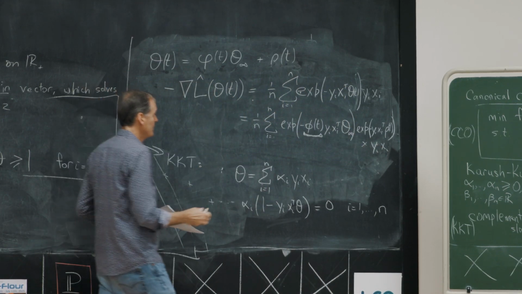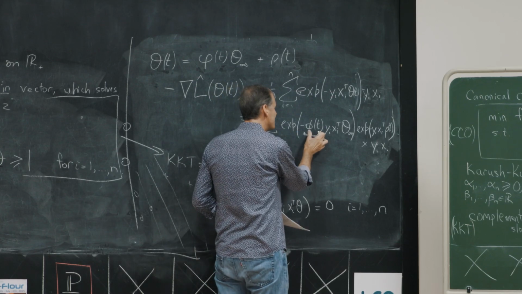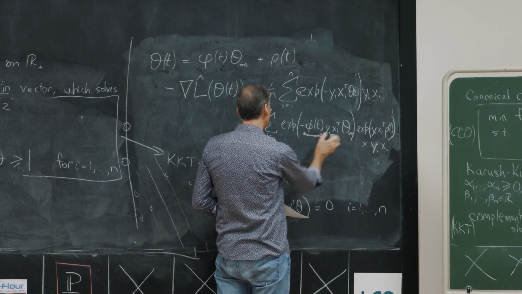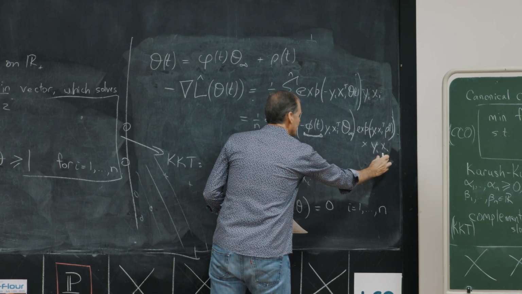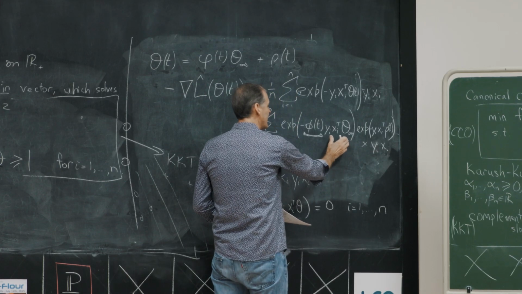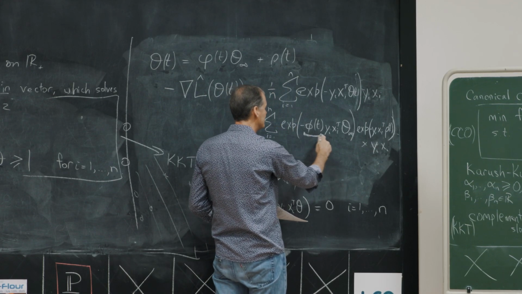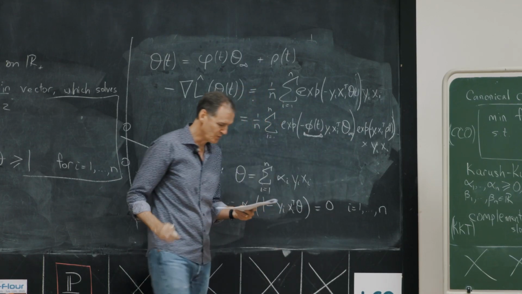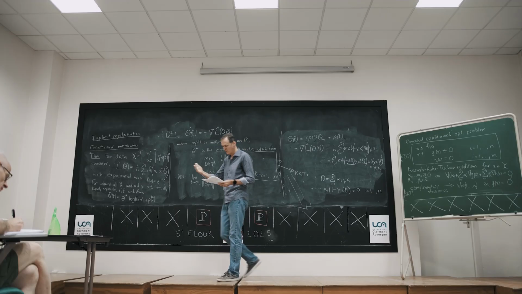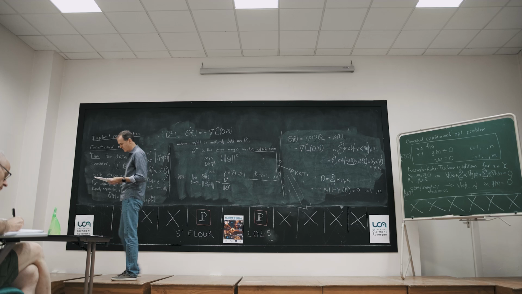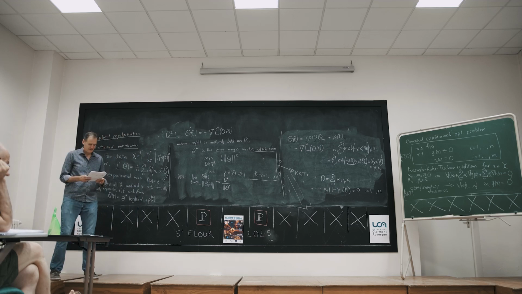Okay, so this is an e to the minus something going to infinity. The different data points have different multipliers here. Because it's an exponential, the ones that are going to dominate are the ones closest to 0, so the smallest in value.